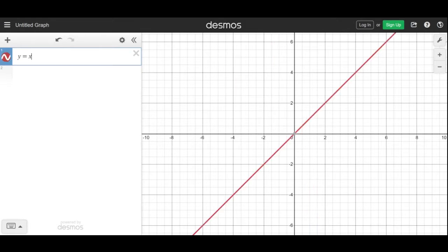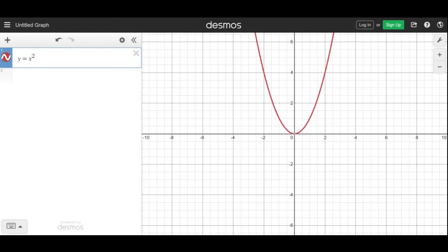If I play around with the parabola and say power of 4, that is still a parabola. Power of 6, that is still a parabola. So once you play around with this graphing calculator, you will understand more about the curve and the graph, and about the behavior at zeros, the end behavior, and the turning points.